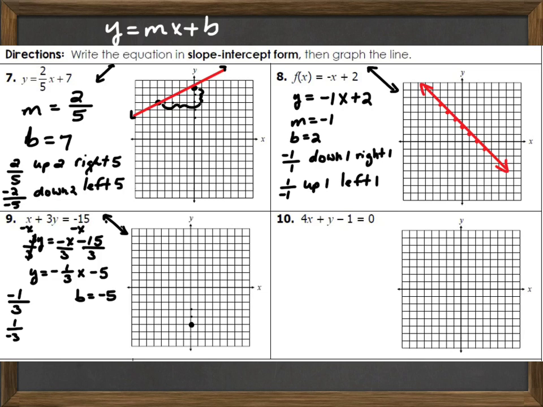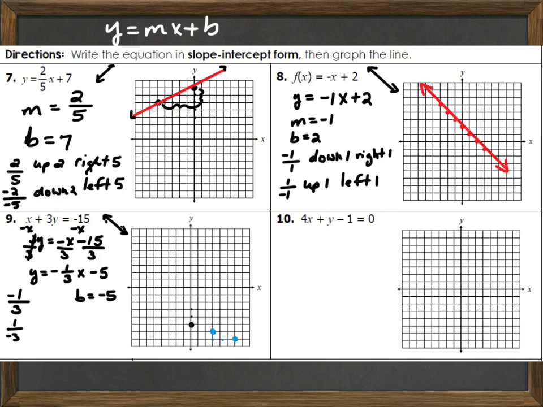Okay, so again, we can count it. This first example is down 1 and over 3. Down 1 and right 3, so I could go down 1 and right 3. And I could go down 1 again and right 3 more. I just kind of keep going from each point.